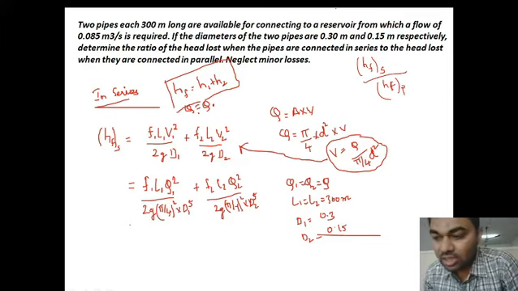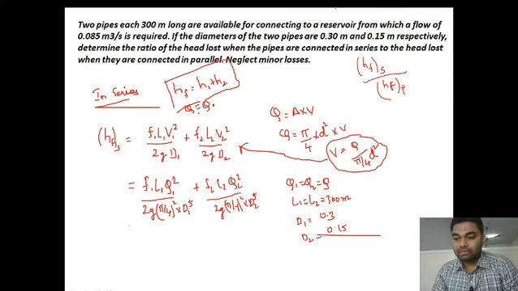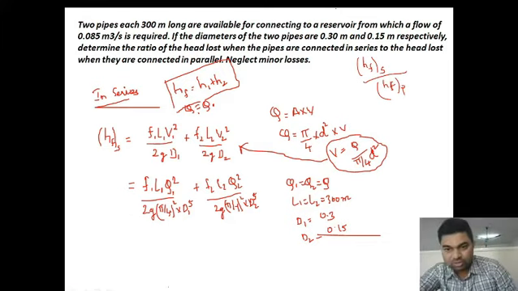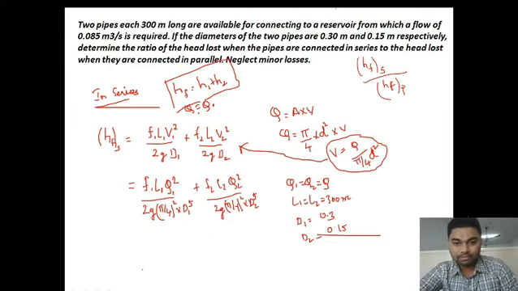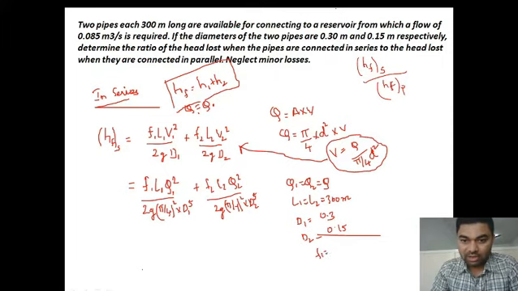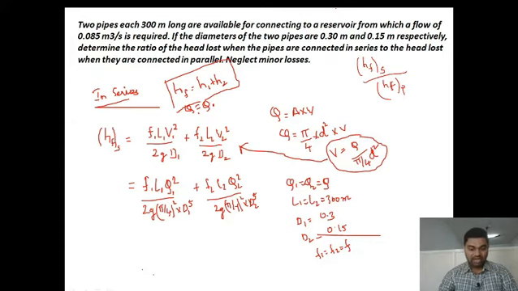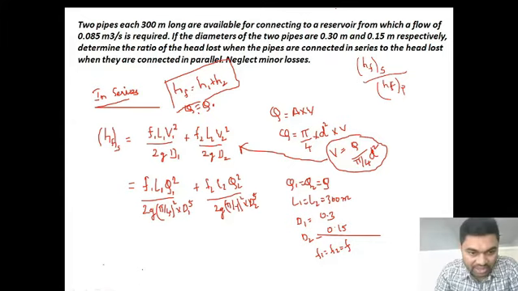The friction factor of these two pipes will be the same, so F1 is equal to F2 is equal to F. By substituting all these criteria, we will write our value of HF.